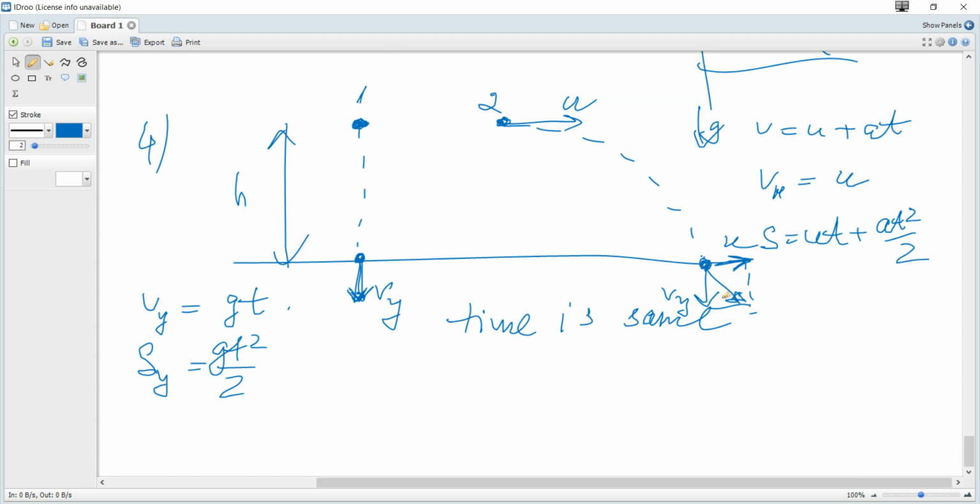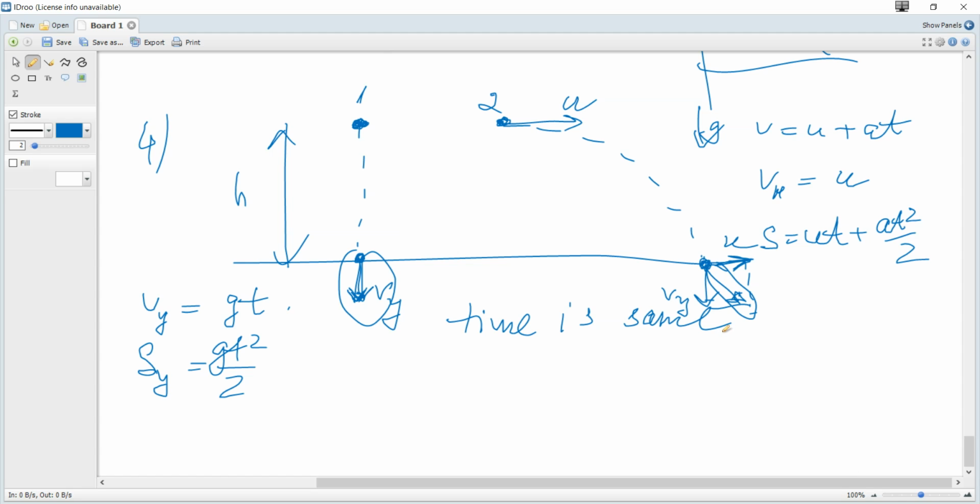And definitely, since it's the hypotenuse, if you consider a right angle triangle, you can see that the resultant velocity is greater than vy. So, is the velocity on impact with the ground the same for both? Velocity is a vector. Definitely it's not the same, because the resultant velocity is this vector, and the resultant velocity for this object is this vector. They are different, so velocities are different.